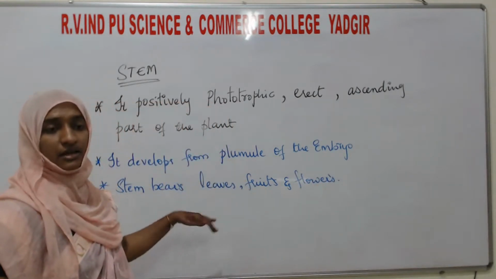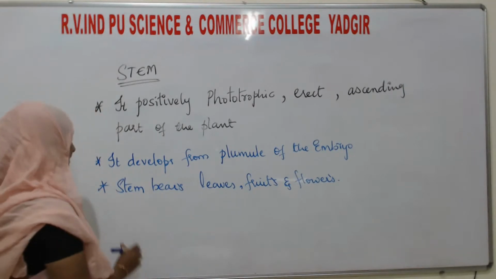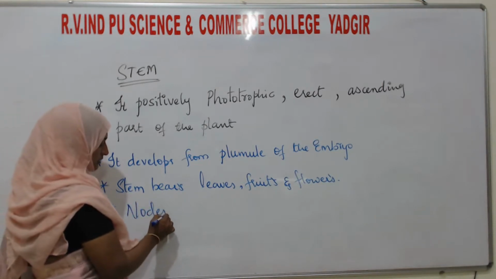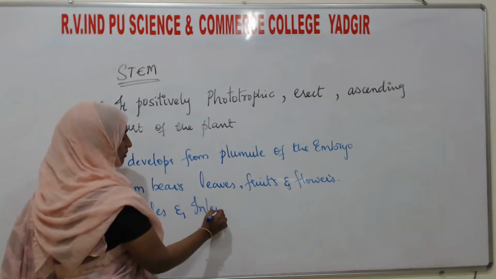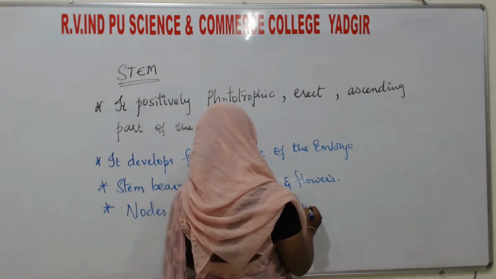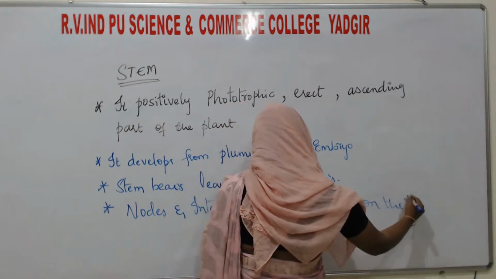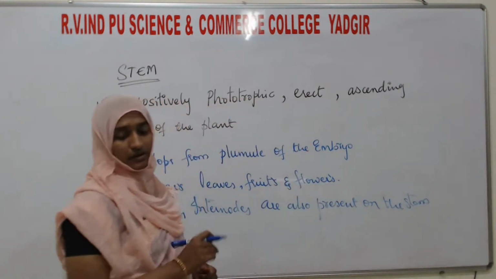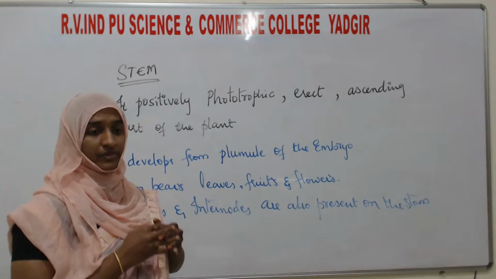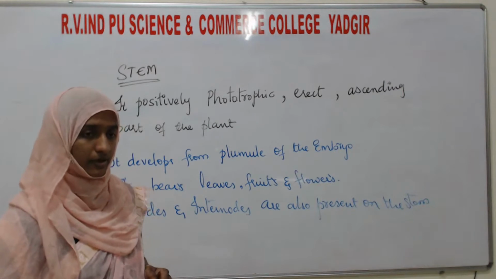Okay, these are the other parts which arise from this stem, and nodes and internodes are also present on the stem. So this is about the definition or the meaning of stem. Next, in the next class, we will see the structure of the stem, functions of the stem, then modification of the stems. Okay, thank you.